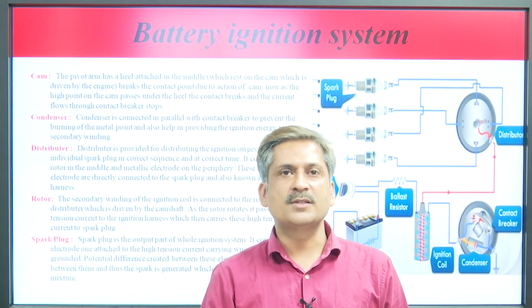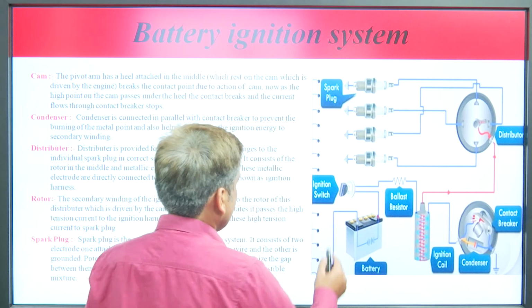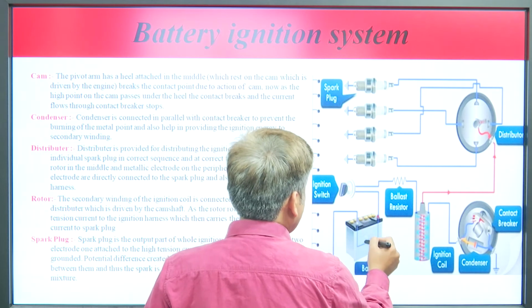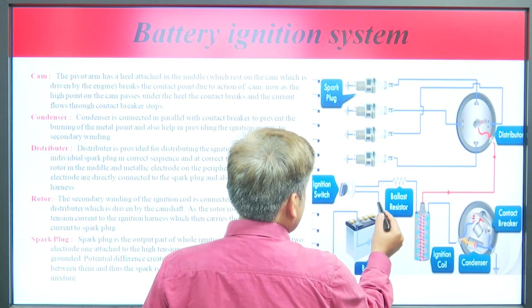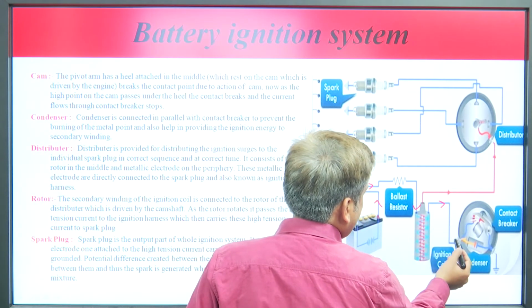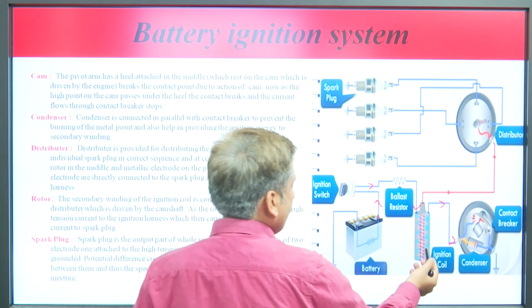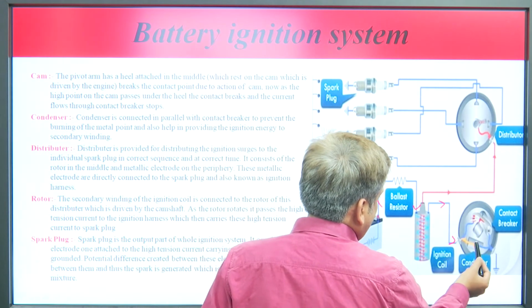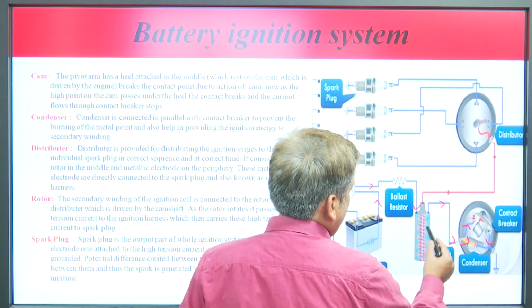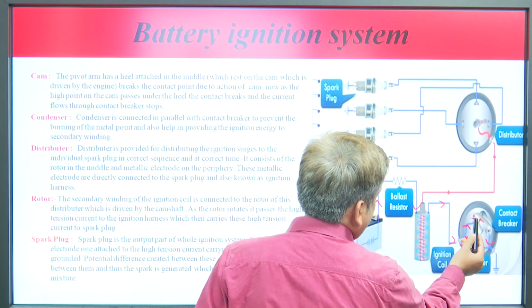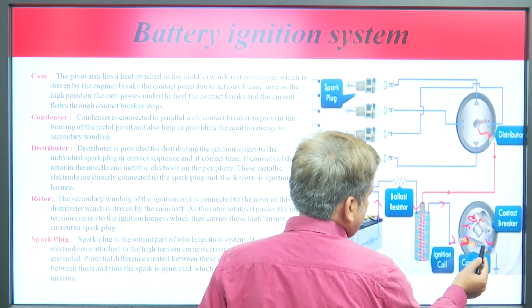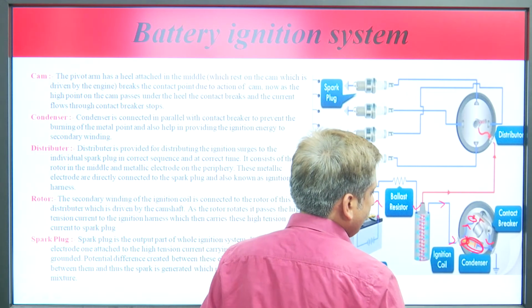You can see from this diagram that if you start the ignition system, then the current will start to flow through this circuit into the ignition coil, and as per the timing it will either complete this circuit or this circuit. When the contact breaker is opened, it will go in this direction and the condenser will be charged.